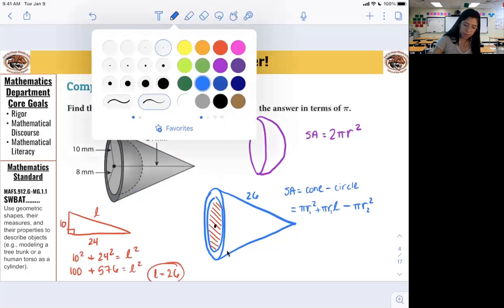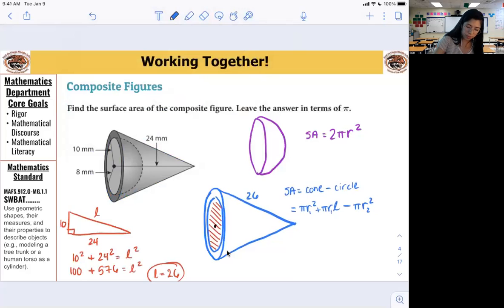So let's do this one first. Or do you guys want me to make one big formula, or should we just do each of them separately and then add them at the end? I don't mind either way. Do it separately. Okay. So pi r1 squared.